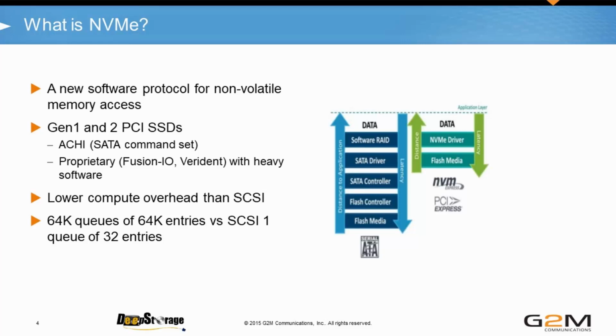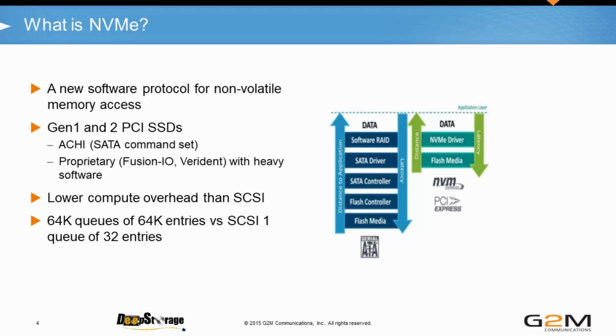The advantage of NVMe is that it's specifically for talking to non-volatile memory. And of course, non-volatile memory today means primarily flash, but 3D XPoint and a whole raft of other next generation memories are coming.